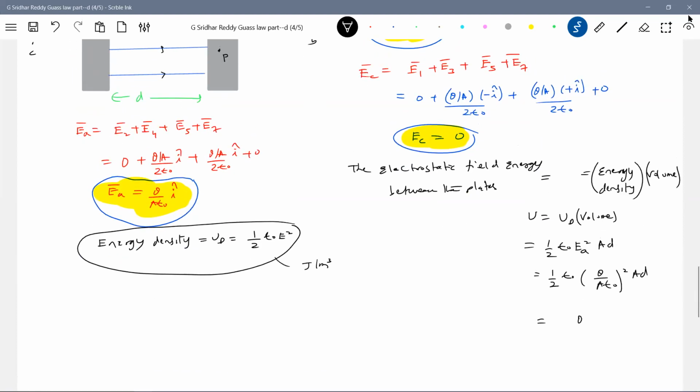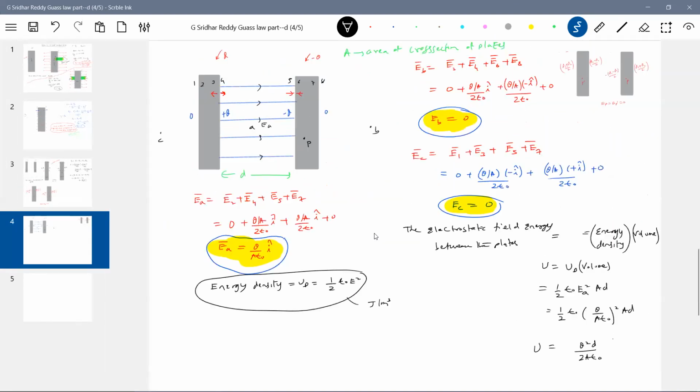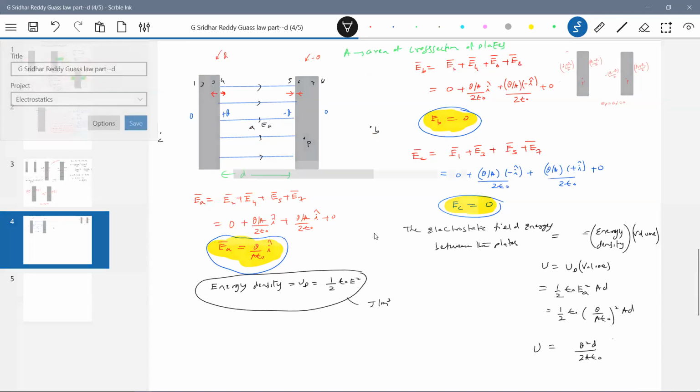Solving this, we get Q square d by 2A epsilon naught. So this is the electrostatic field energy stored between the plates. The capacitor chapter gets over.